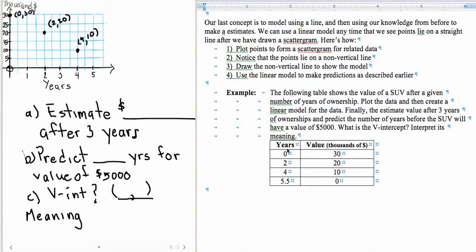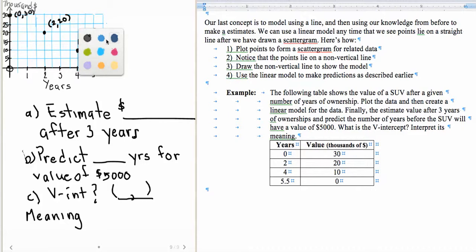I've already plotted the points (0, 30), (2, 20), (4, 10), and the last one we have to plot is (5.5, 0). So I'm going to go over to my scattergram and find x equals 5.5 on the independent axis, the years axis.